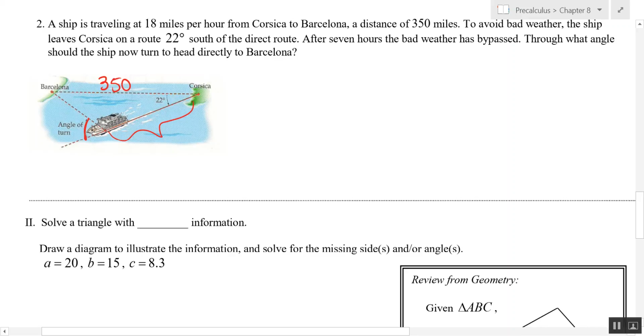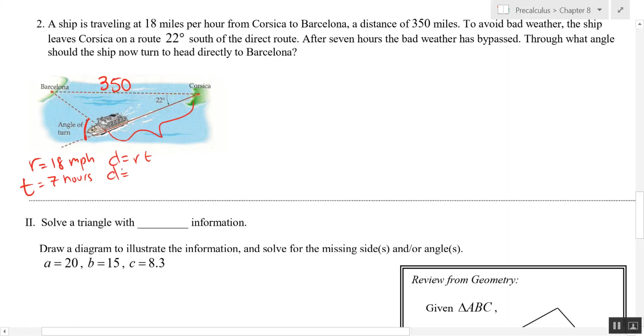And they give us some information that allows us to calculate that. We know the rate it's traveling, 18 miles per hour. And we also know that it has been traveling for 7 hours. Knowing that we're going 18 miles an hour for 7 hours, we can use distance is equal to rate times time.